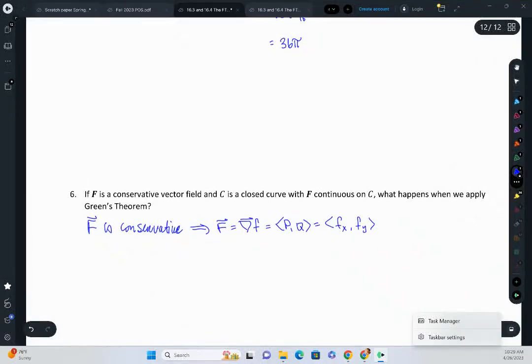If we know that F is conservative, we also know that del P del y is equal to del Q del x. That's the first implication. C is a closed curve. That implies we can use Green's theorem.